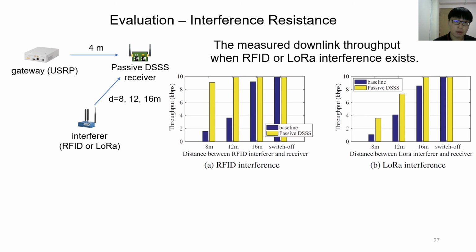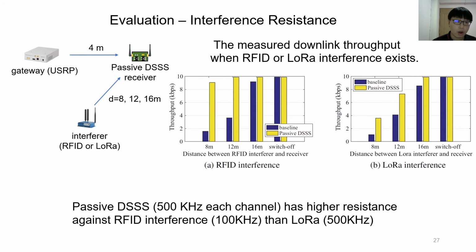We measure the downlink throughput when the interference exists. From the results, we can see the passive digital base can effectively suppress interference from both RFID and LoRa. We also observe that passive digital base has higher resistance against RFID interference than LoRa. This is because digital base has better performance against narrowband interference signals.